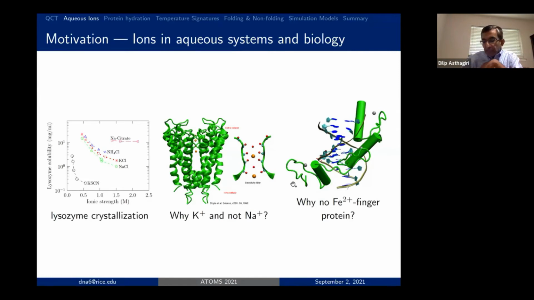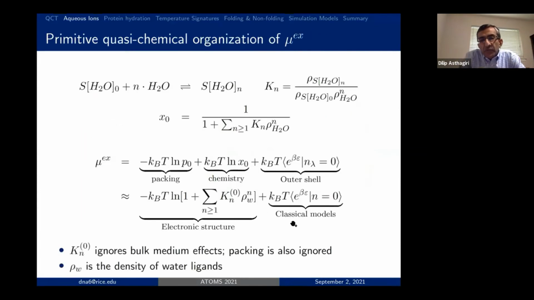For this particular case, we are going to recast the quasi-chemical approach in the following way, and this is also the reason why we give the theory the name quasi-chemical. I'm going to start off with my solute, which is the ion, and I have an inner shell around the solute, and that inner shell is initially empty.